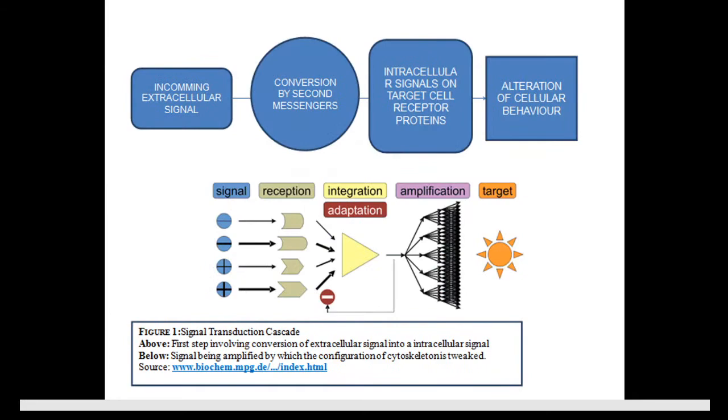This is the secondary messenger pathway-related cascade. Receiving a signal at a particular receptor causes integration and adaptation. After getting a signal, it is amplified to all cells and reaches the target cell. For this amplification, we need multiple signals, and those are the secondary messengers.